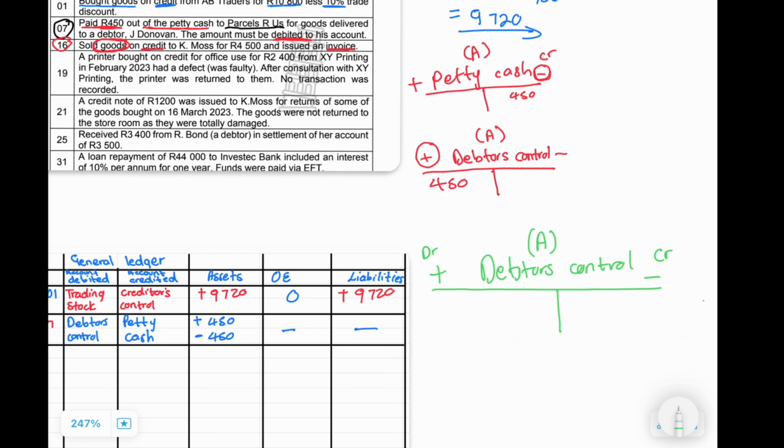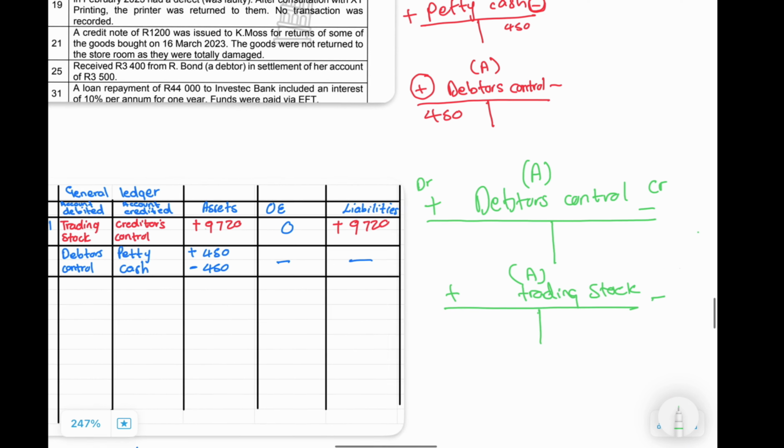And then another account which is affected will be trading stock. Why? Because we sold goods. That's why trading stock is affected. Trading stock, we also said, is an asset account, which means it increases on the debit side and decreases on the credit side.